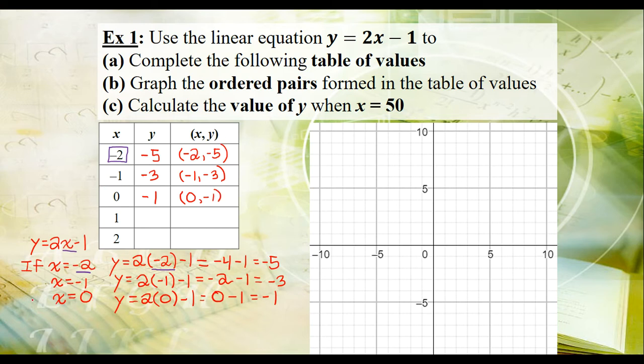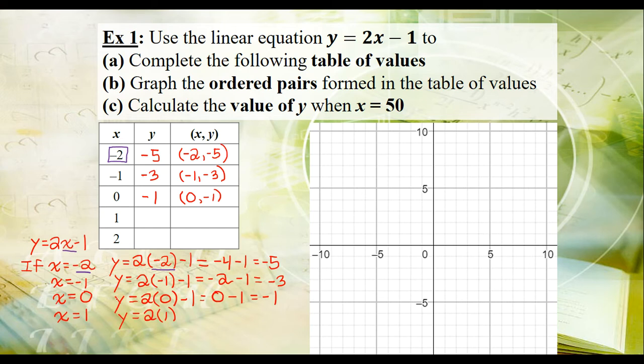Okay, let's keep going. So what if x is 1? Okay, so if x is 1, let's plug this in. So 2 times x, but this time around x is going to be 1. That's why it's called a variable, by the way. So the variable x means it can be a changing value. So we're plugging in different values for what x can be.